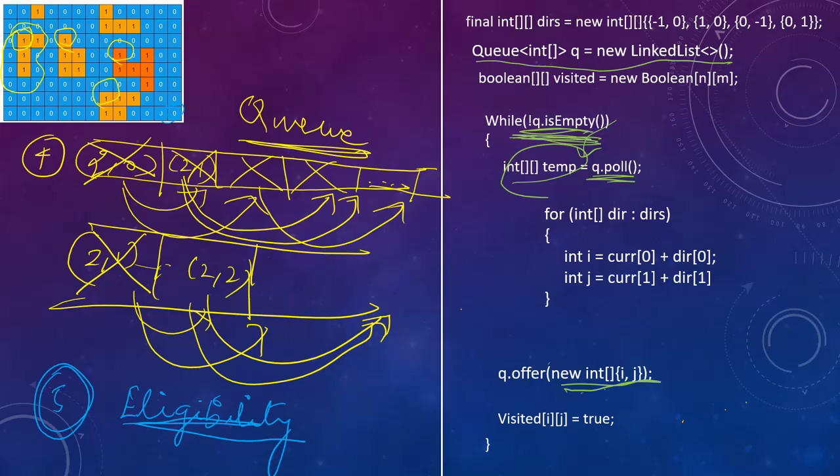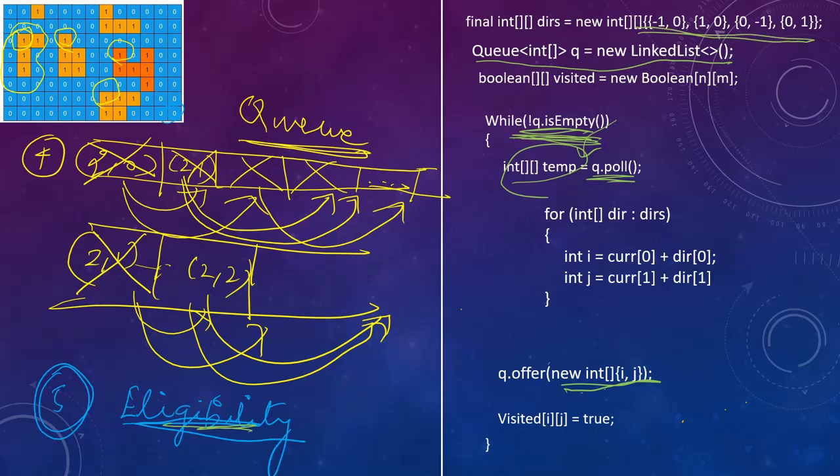I'm not saying this algorithm is perfectly structured with perfect syntax, but this is an ideology. By following the same ideology, we are going to approach all of our BFS problems. The next thing is eligibility, as I said. We are going to calculate our 4 directions using these 4 coordinates.